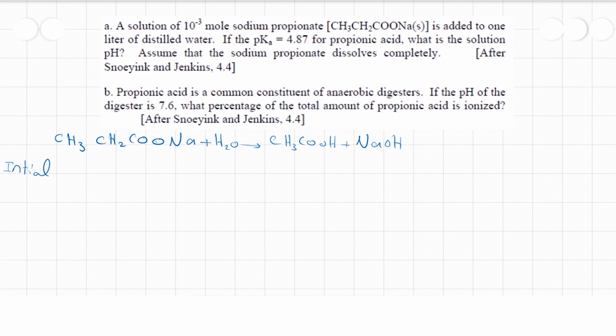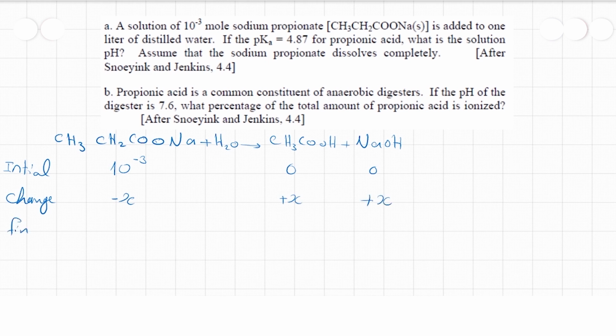Initial concentration of sodium propanoate is equal to 10 to the power minus 3. We will ignore the concentration of water. Here I assume it is equal to 0 and here is equal to 0. The change will be equal here to minus x, here plus x, and here plus x.